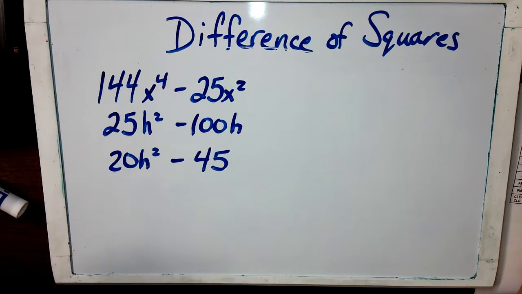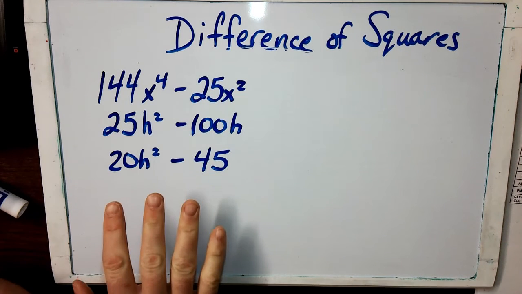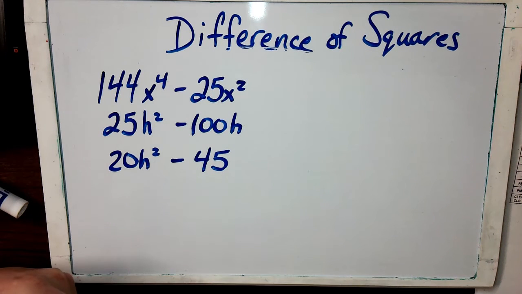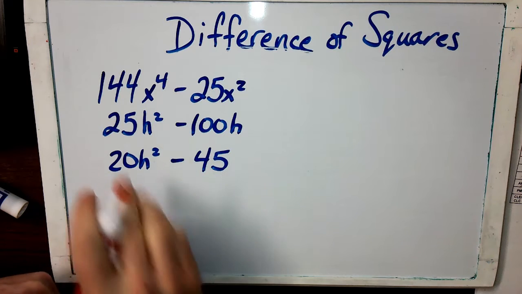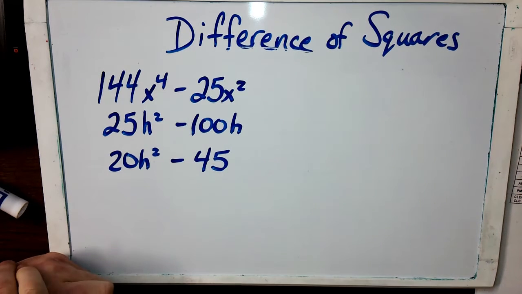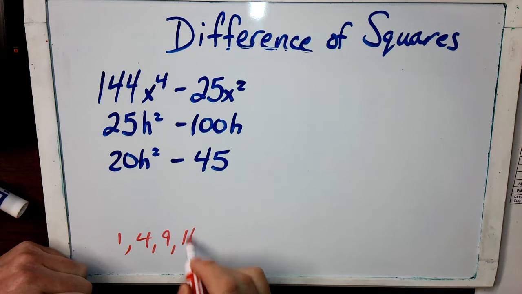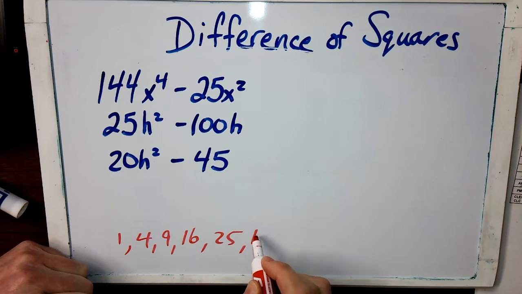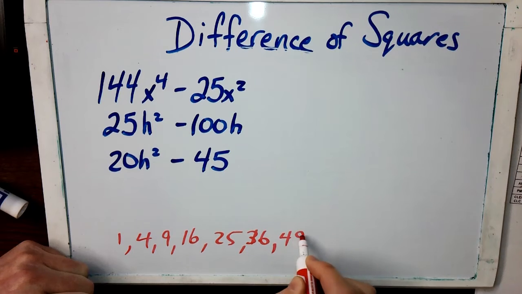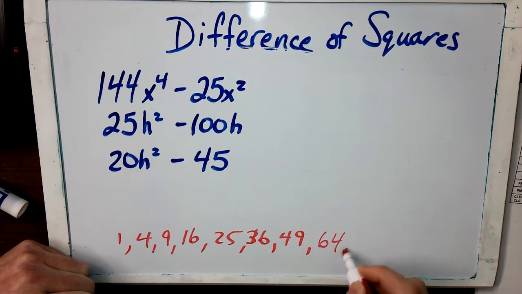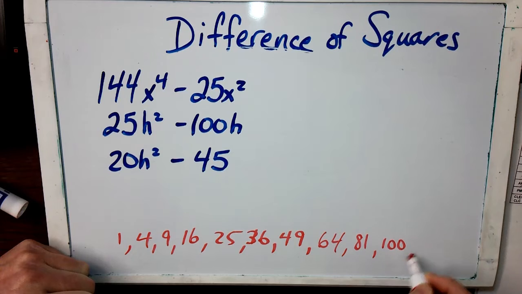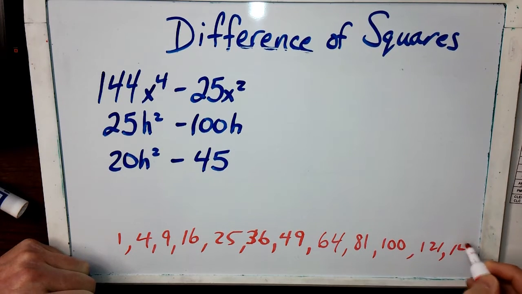Now the most important thing in difference of squares is being able to recognize them. Now all of these are binomials, but are they difference of squares? So let's take a look at the first one, 144x^4 minus 25. It might actually be helpful to practice your perfect squares, and you can write them on your page or your quiz before you start.